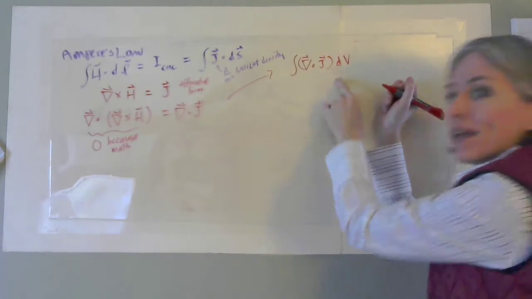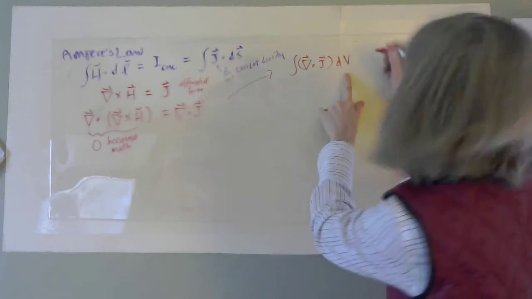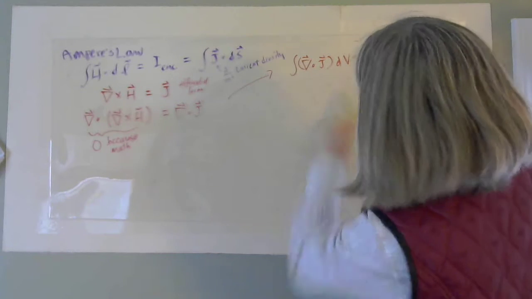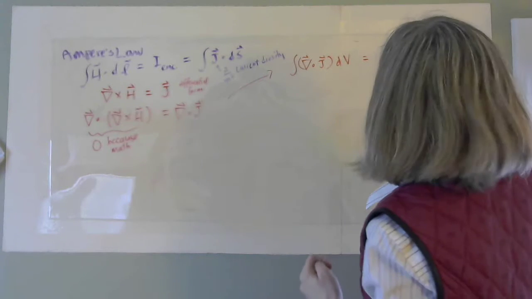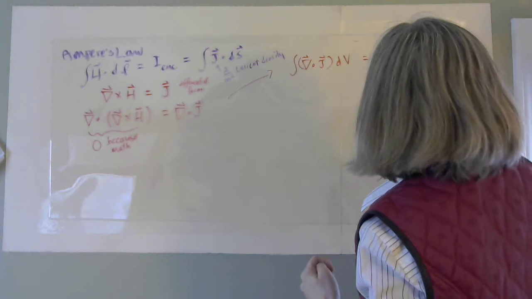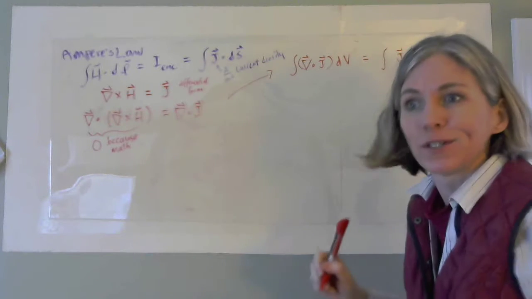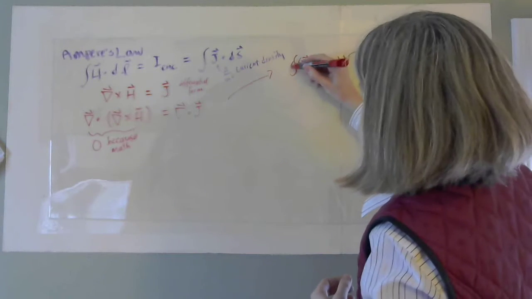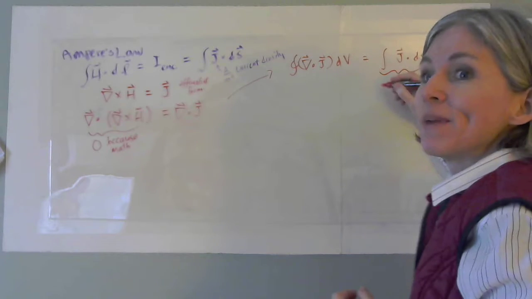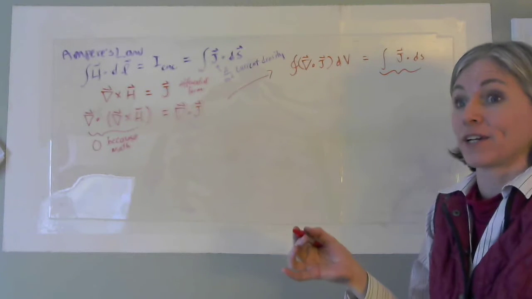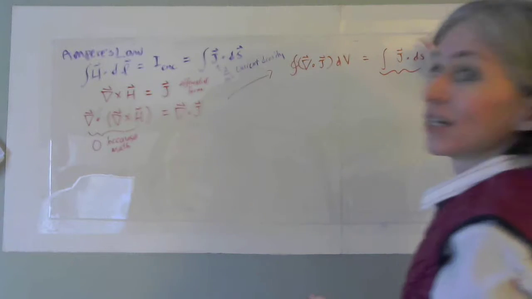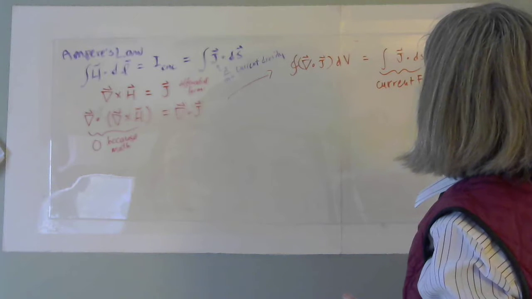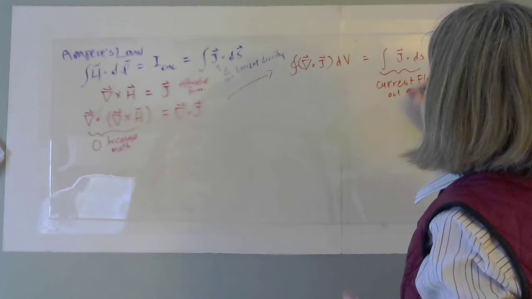If we took this and put it inside a volume integral, we're going to get J dot ds back using the divergence theorem, and this is describing a current. This is a closed surface, for example. This is describing how much current is flowing out of a little volume surrounded by this surface. Flowing out of a volume.